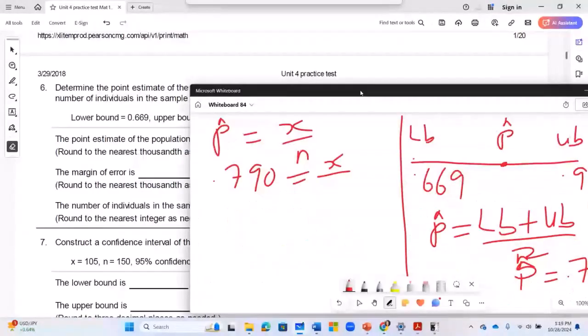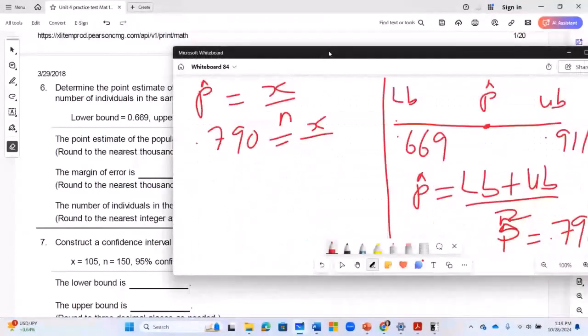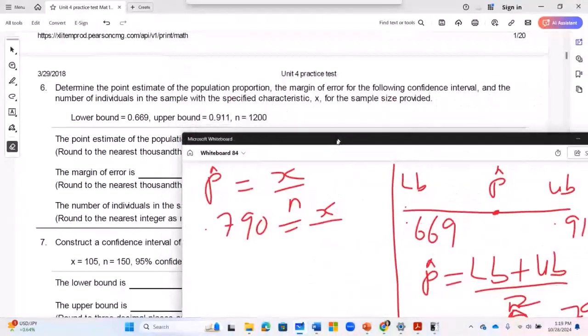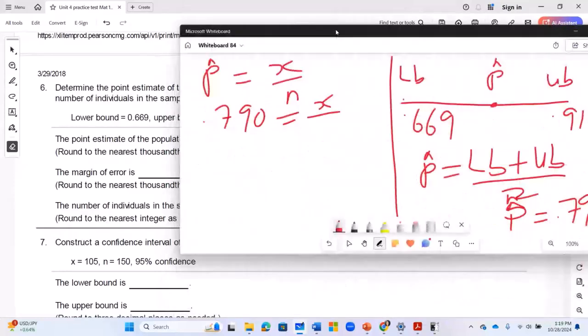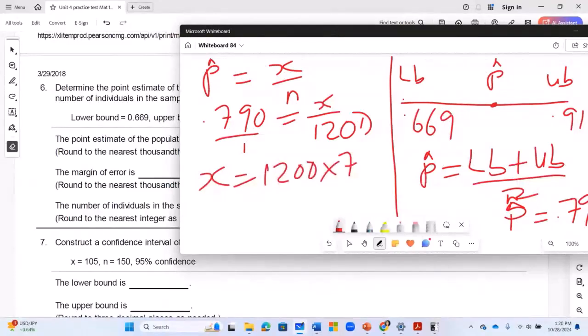I already know n, they give me 1200. So n is 1200. I will just solve the proportion. If I solve the proportion, I see that x is equal to 1200 multiplied by 0.780. So the number of people who showed up is 1200 times 0.780.